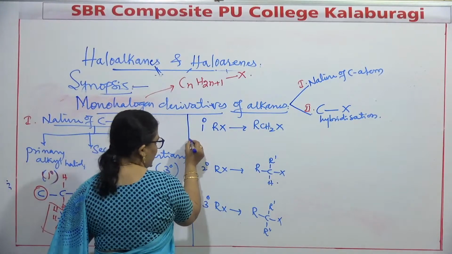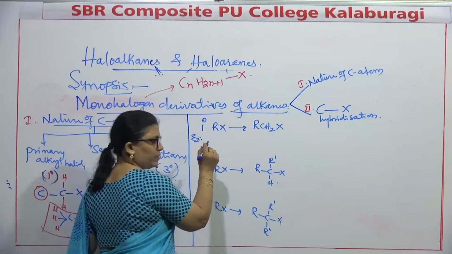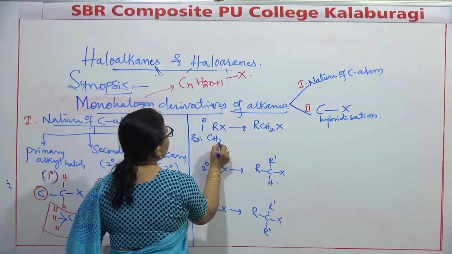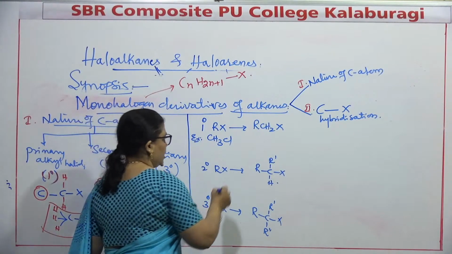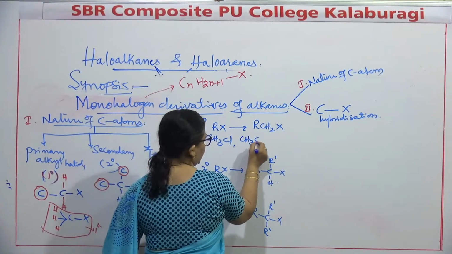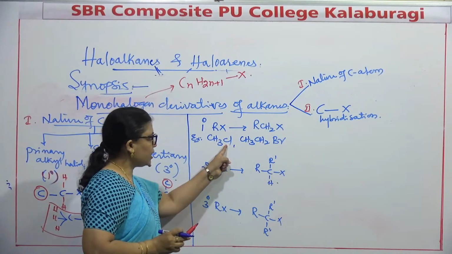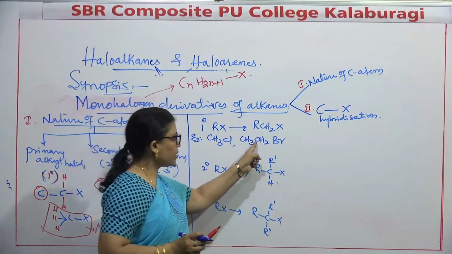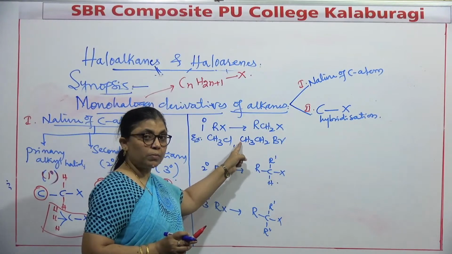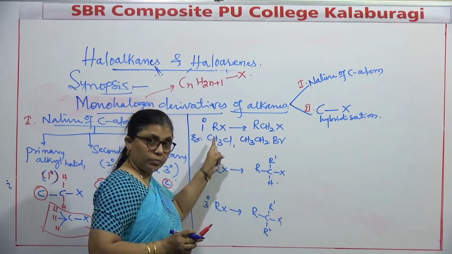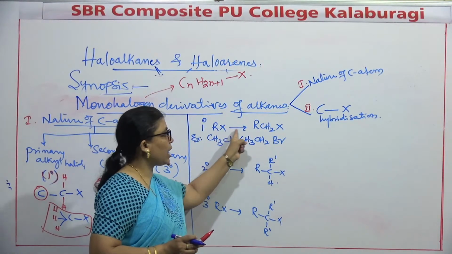If you go to the example, I'll write one by one. Primary alkyl halide, simplest example. First example is CH3Cl, methyl chloride. IUPAC name is chloromethane. Even we can write it as CH3CH2Br. It means that this carbon containing halide has 3 hydrogen on one side and 1 carbon on the other. So remember one thing, either they are having no carbon or having 1 carbon, they are called as primary.